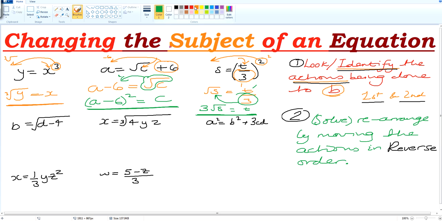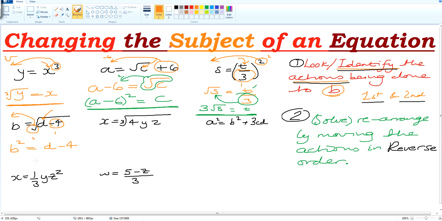Next question. We have b is equal to the square root of d minus 4. We have to make d the subject. Now d is first of all been minus by 4. Then it's been square rooted. That's the second action. So we've got to move the square root over first. Opposite of square rooting is to square something. So b squared is equal to d minus 4.